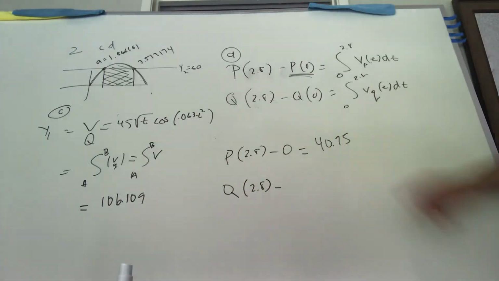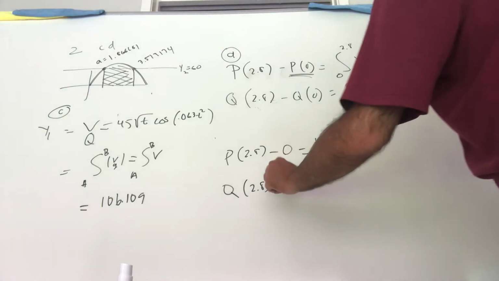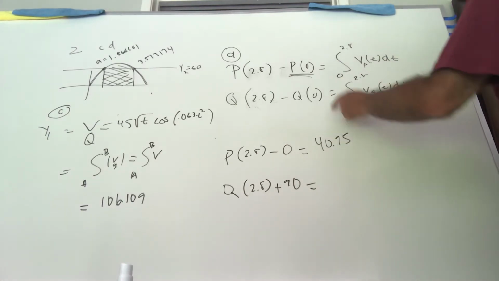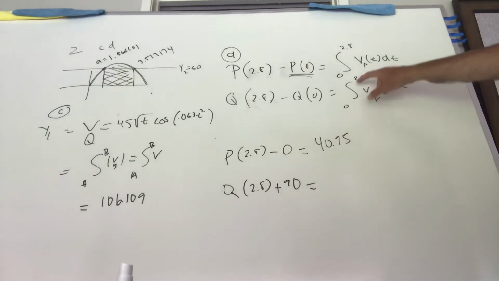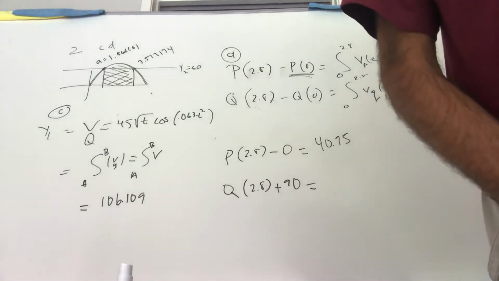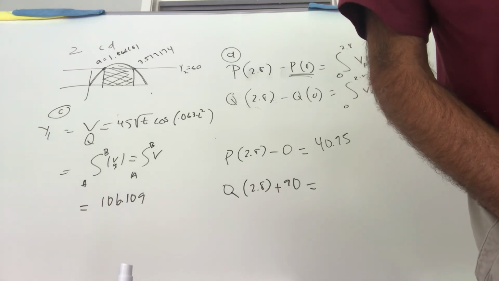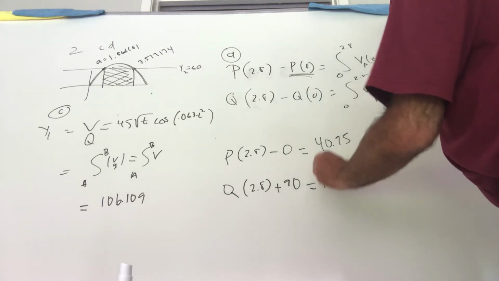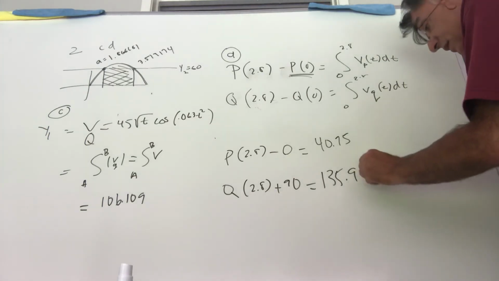We're told at Q of 0 it was at negative 90. So I'm going to have to put plus 90. And then the integral here, since this is sitting in Y1, just do the integral from 0 to 2.8 of that. And if you do that integral, you end up with 135.93765.